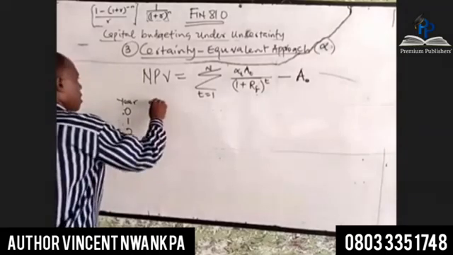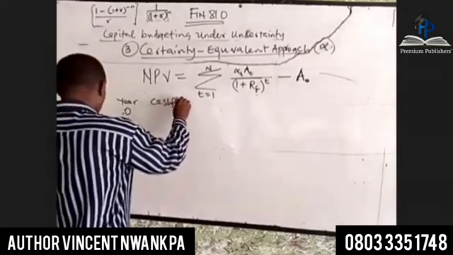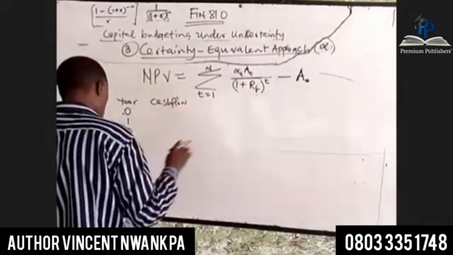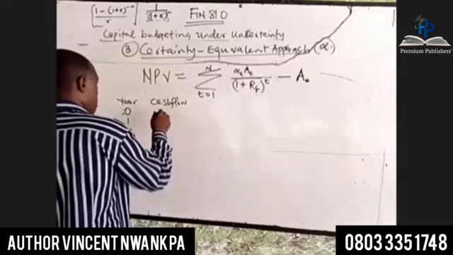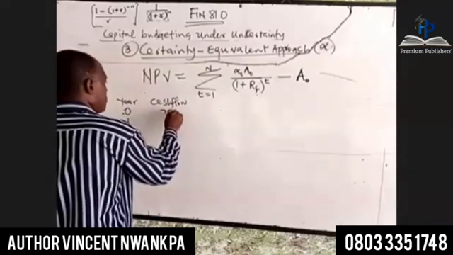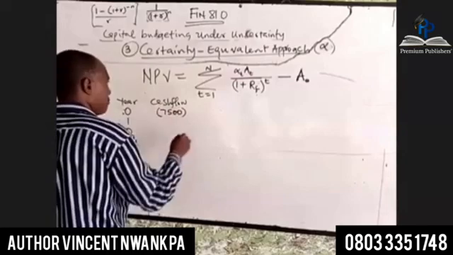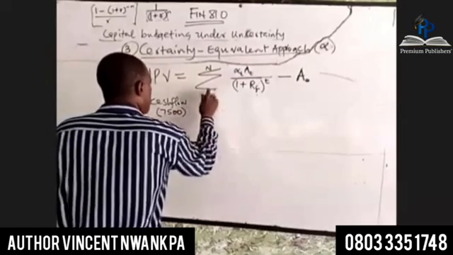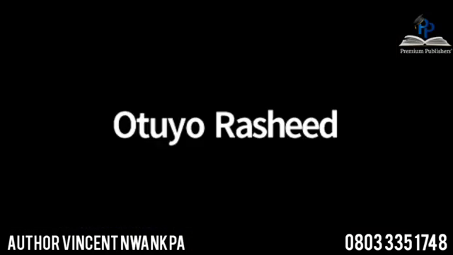Is our cash flow. What's our cost of project? 675? Confirm.